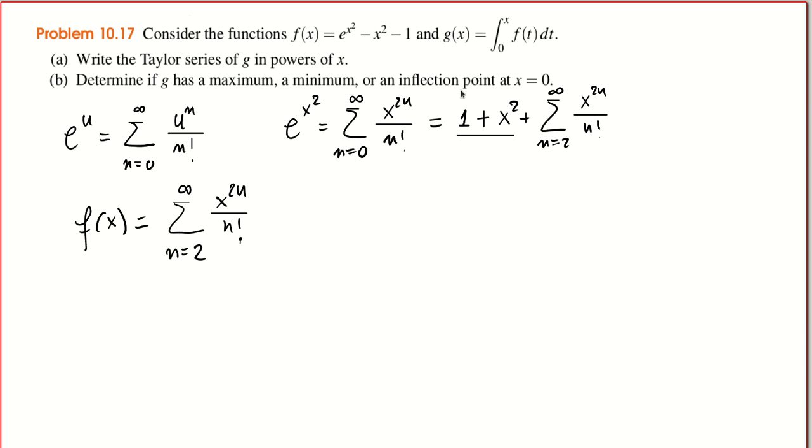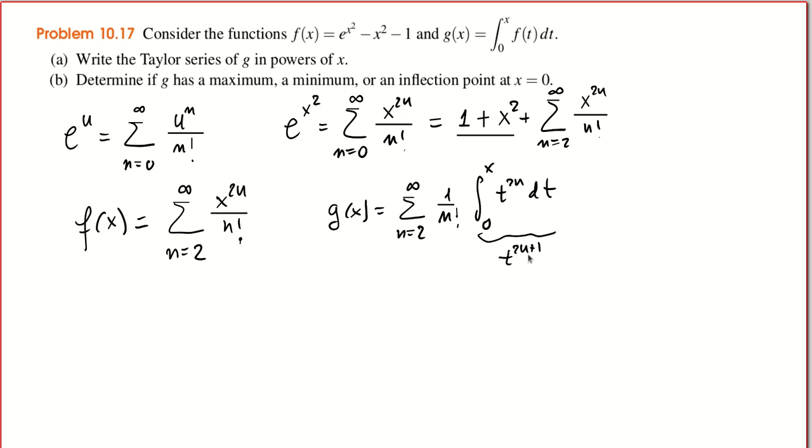So g of x will be equal to the sum from 2 to infinity of 1 over n factorial, and then we have here the primitive from 0 to x of t to the 2n dt, which is very easy to calculate. This is just t to the 2n plus 1 over 2n plus 1. And then you have to substitute this in 0 and x.